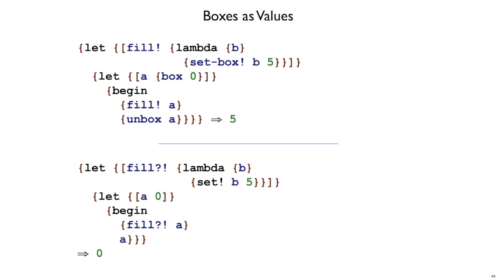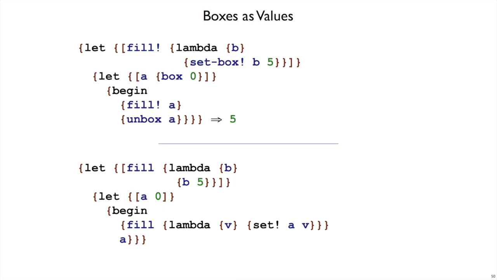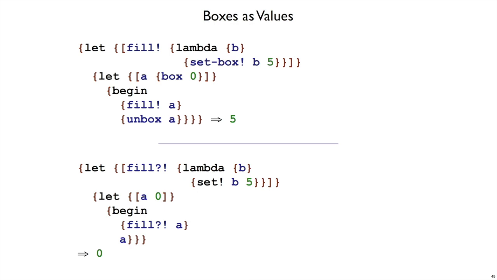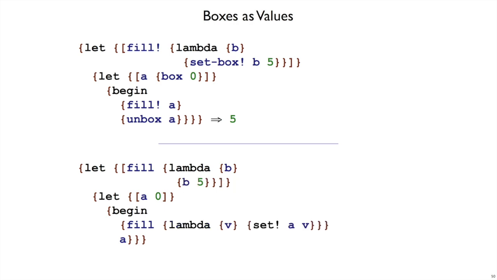It turns out there is a way to turn a variable into a value, and that's by wrapping it in a function. So here I am again letting A be 0. We're going to see a change to A this time, because instead of just passing the variable directly, we are going to pass a function that takes a value and sets A to be that value.